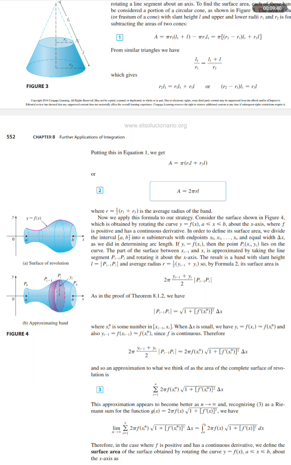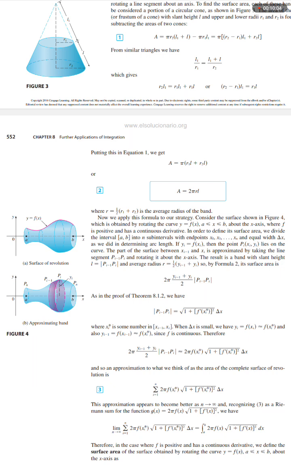So by formula 2, its surface area is 2 pi times (y sub i minus 1 plus y sub i) over 2 times the absolute value of P sub i minus 1 P sub i.